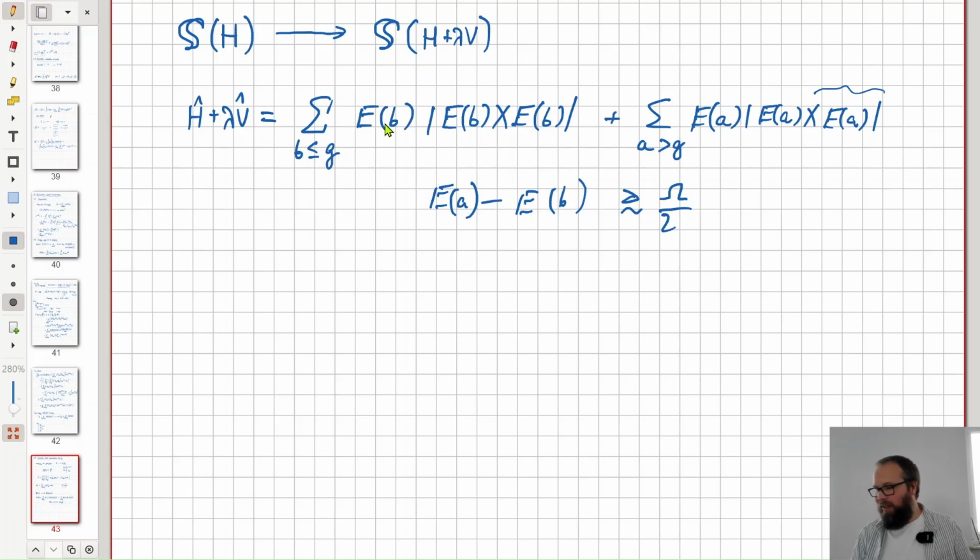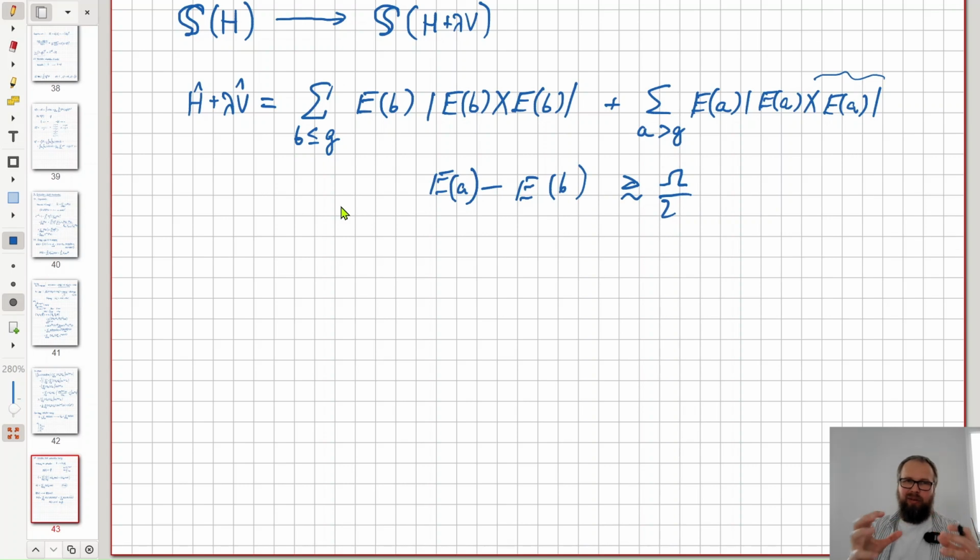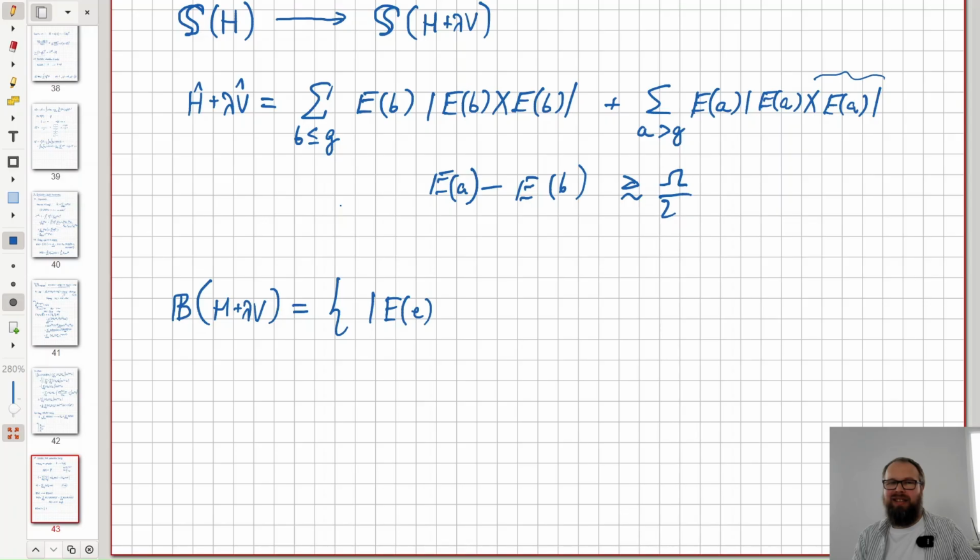So the thing we can hang on to is that if we managed to diagonalize the perturbed Hamiltonian, we would be able to construct an orthonormal basis for it, H plus lambda V, containing all the eigenvectors E, where E goes from 1 to d, a d-dimensional problem.